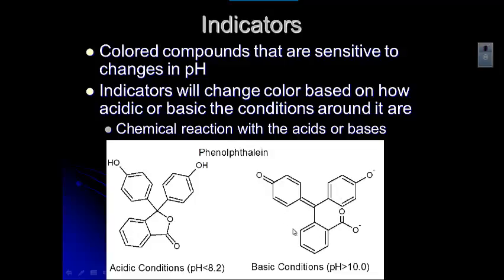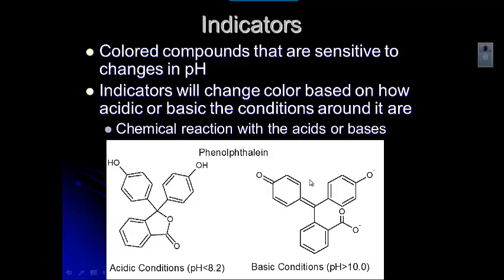And so you've got the 3 6-membered rings, but it also forms a double bond, and that causes the color to change. So the chemical makeup of it changes, which causes the color change to the dark pink or magenta that you saw if you think about the alkaline earth metal lab.